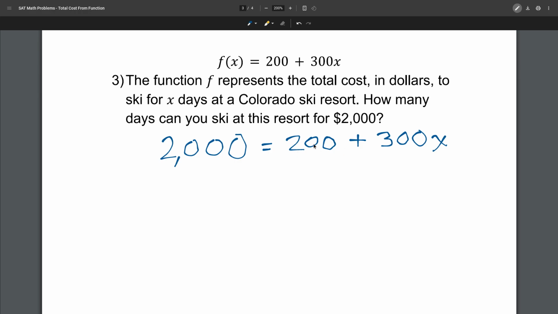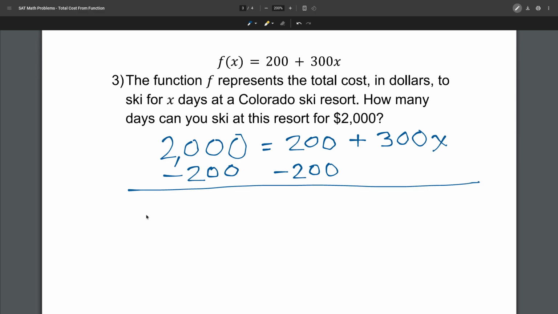Now I want to get rid of this 200 here, so I'm going to subtract it. And likewise, we must subtract 200 from the left-hand side as well. So we get 1,800 equals 300x. Now I want just x, which is the number of days that I can ski at this resort. So I need to divide by 300 to just get 1x.